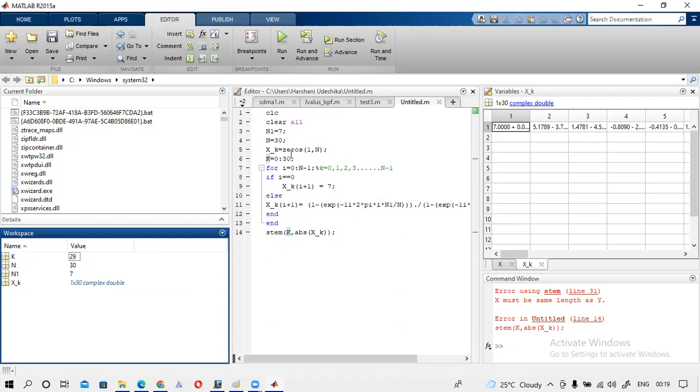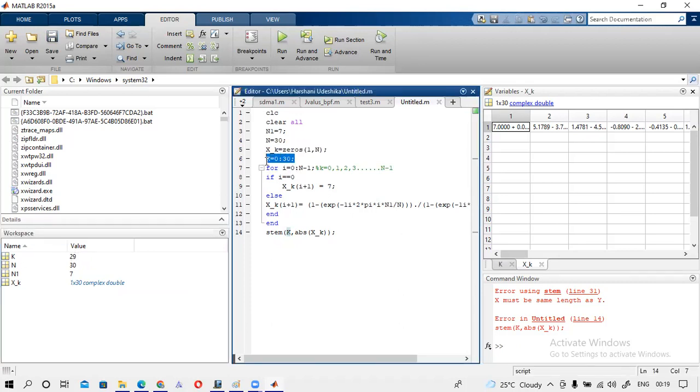So we have to have an array with 30. Then I think it will be okay. Sorry, this k should be up to n minus 1. So here I have defined the k value. Now I think it will be okay.